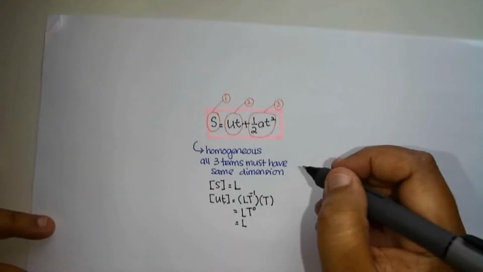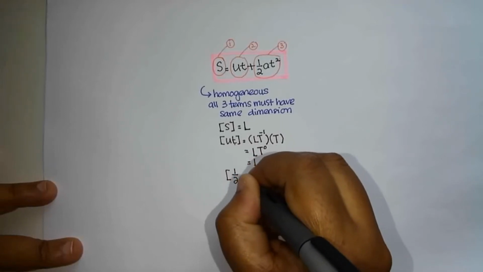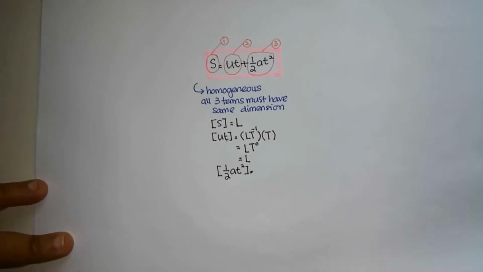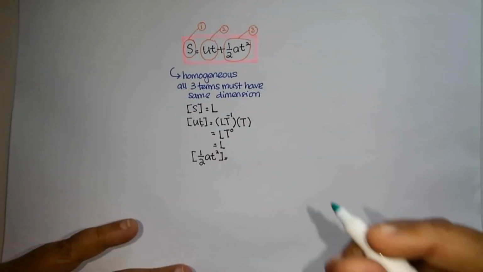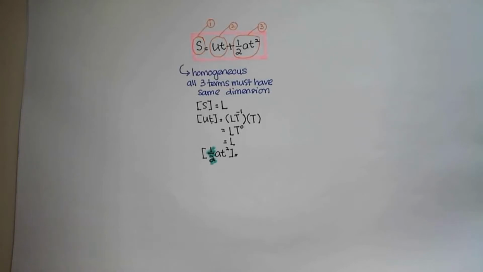Next we find the dimension of the third term, which is half at squared. When you see a half, what is half? It is a non-dimensional constant.